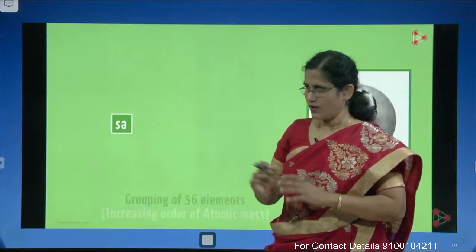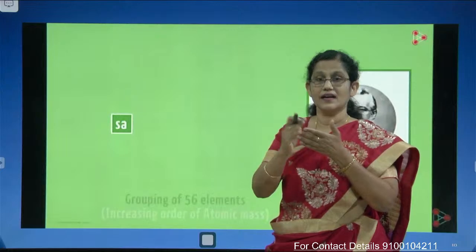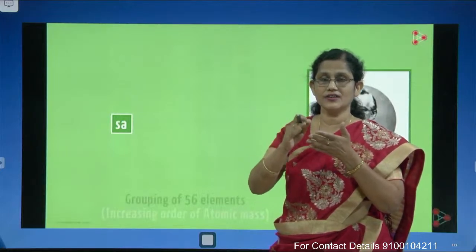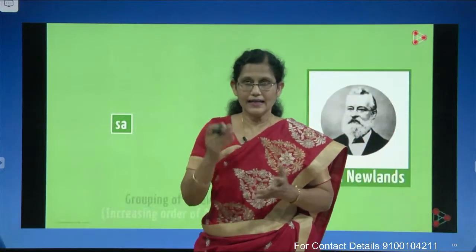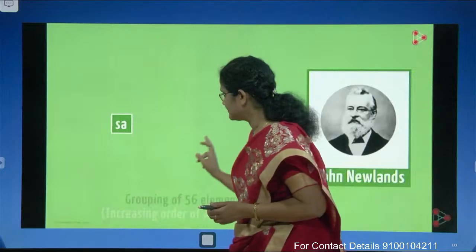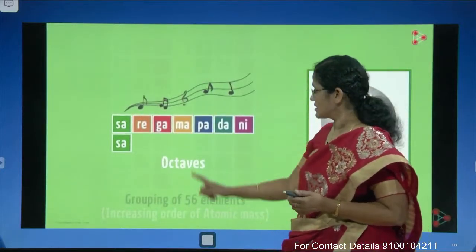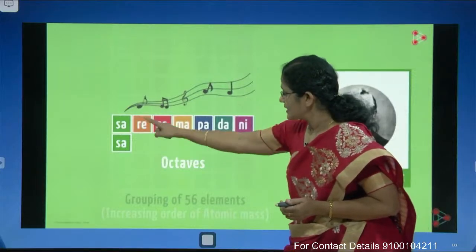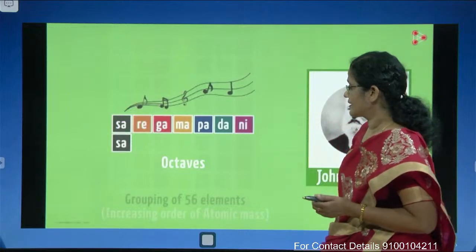That means the 8th element's properties are a kind of repetition of the first element, just like the 8th note resembles the first note in an octave of music, sa, re, ga, ma, pa, da, ni, sa. So, just like musical notes, the 8th note is a repetition of the first note. He gave the law of octaves.